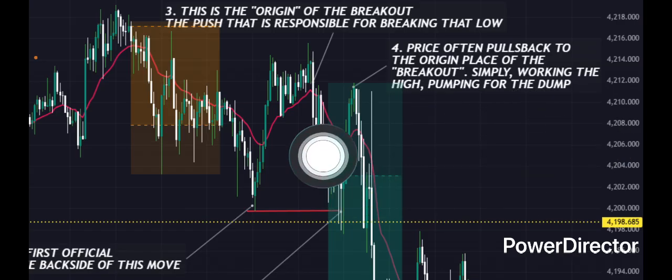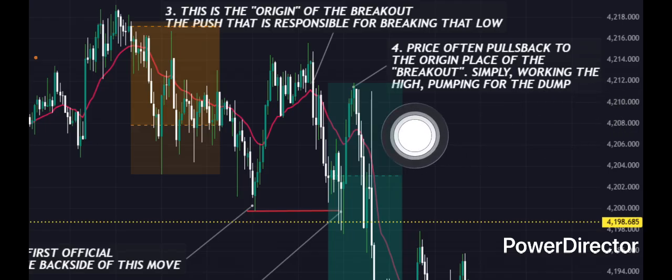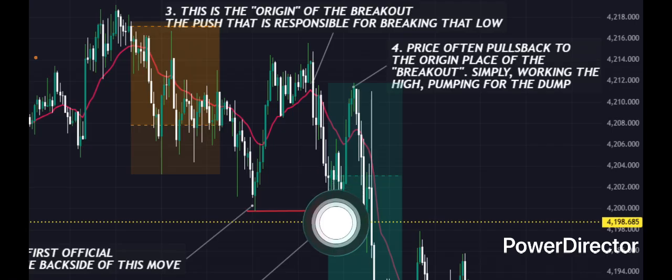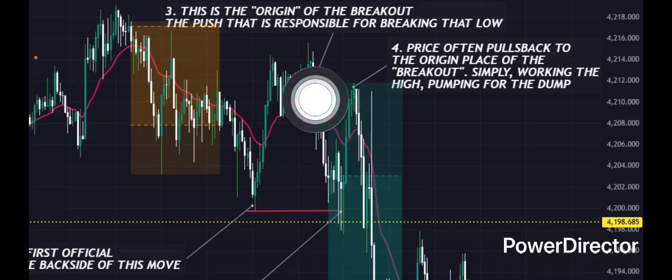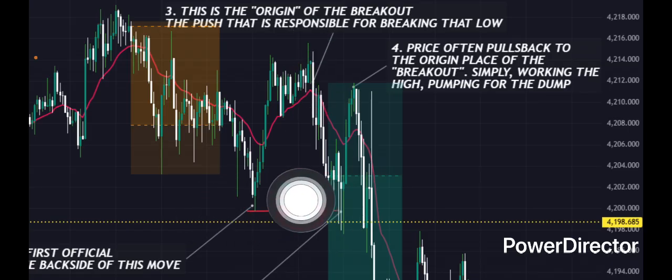So when this market breaks that lower low and then starts pumping, and you're wondering, how far are we going to pump up? We often will see price pump back into where that breakout occurred. Okay. Where, back into the origin of that push that broke through the low, right?